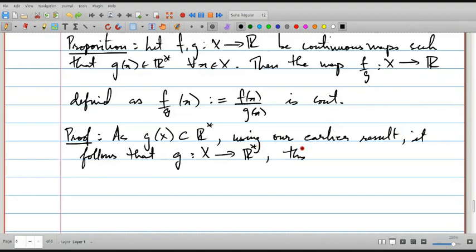This map is continuous, with R star having the subspace topology.